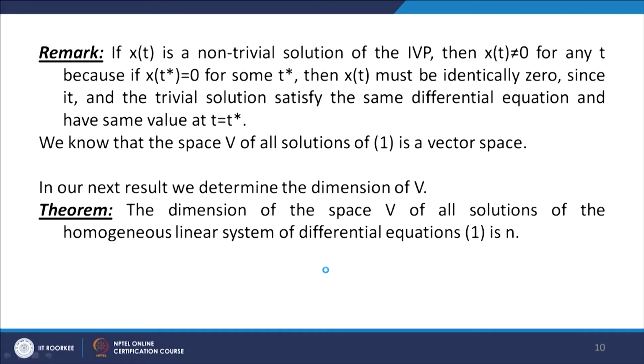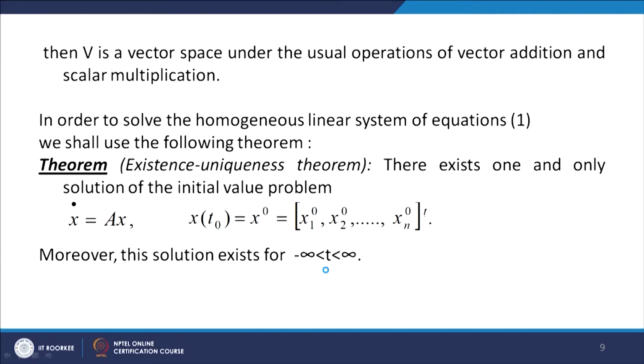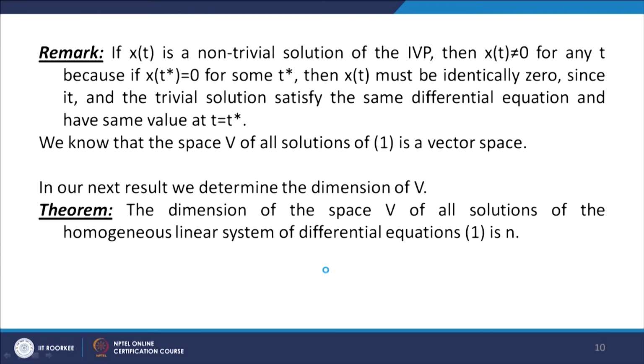The trivial solution also satisfies the differential equation x dot equal to Ax. So if x(t star) is equal to 0, then the trivial solution and x(t) coincide at t equal to t star, and by the uniqueness of the solution it will follow that x(t) is equal to 0 for all t. So if x(t) is a non-trivial solution, then x(t) must not be equal to 0 for any value of t.